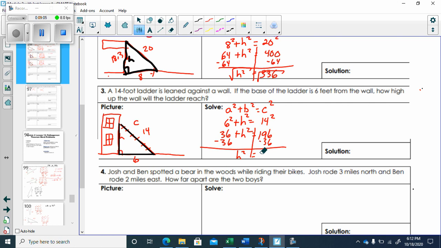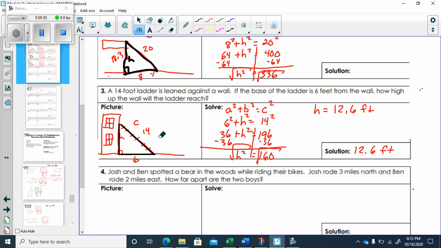It's 160. Let's take the square root, because we don't want H squared, we want H. The square root of 160 is 12.6. H is equal to 12.6. That's 12.6 feet.